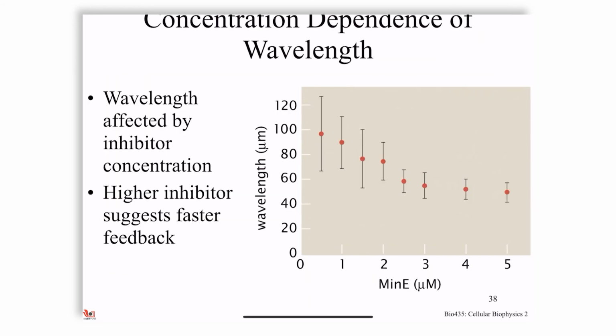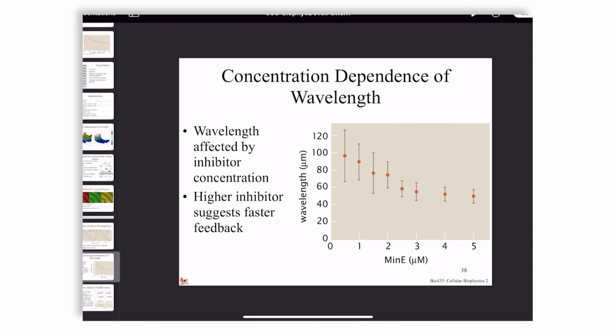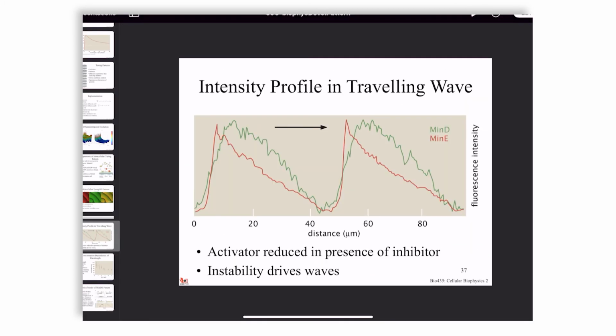So when you do all that, then it turns out that there appears to be a concentration dependence of the wavelength. The wavelength is nothing but the distance between the peaks. So over here, the distance between the peaks, let us say of MinD, is between 10 and 60, so it's about 50 micrometers.